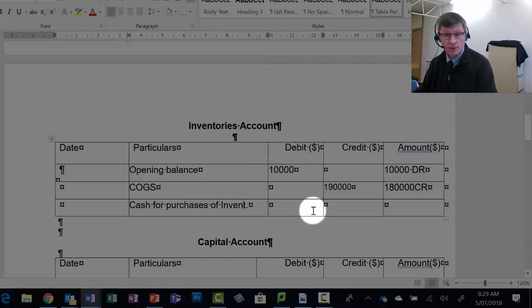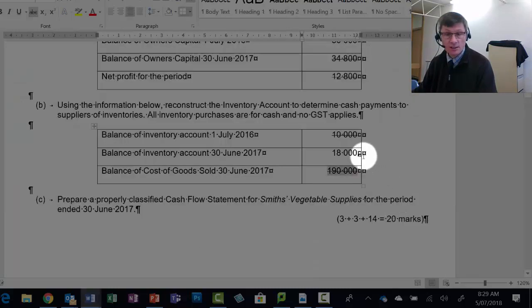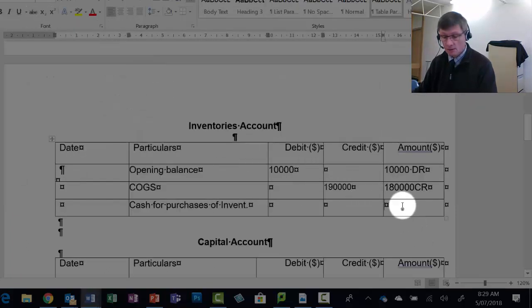So now we need to find what that debit amount is, and I need to have what the final balance is of the inventory account. So let's just check that. It's $18,000. So let me put that in. The final account here is $18,000 in debit.